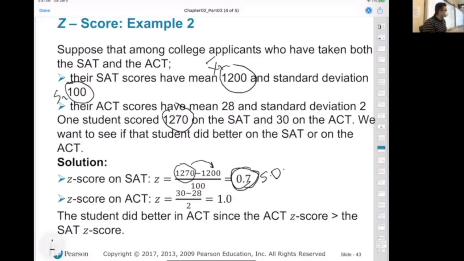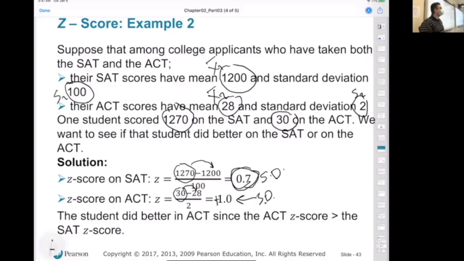We will do that again for the ACT score. The ACT score for this person is 30. The mean of the scores is 28, so this is X bar 2. The standard deviation is S2. And we find the z-score for this value 30 is equal to 1. That means 30 is above the mean, because it's positive, by 1 standard deviation.